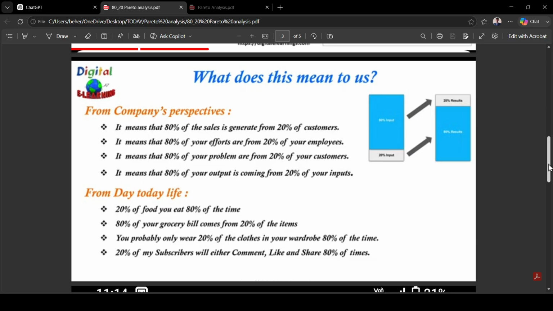It means that 80% of your efforts come from 20% of your employees. It means that 80% of your problems come from 20% of your customers. It means that 80% of your output is coming from 20% of your input. That depends upon the situation.